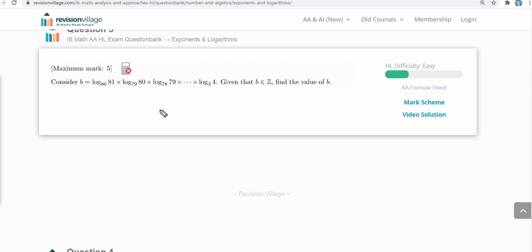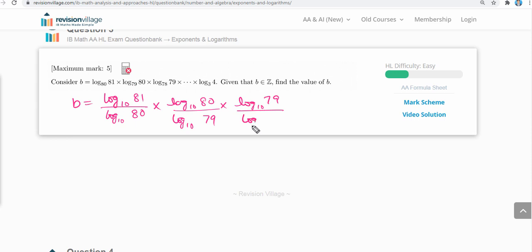Or any base. I think 10 is fine. So my b will be equal to log 10 of this number, that is 81, divided by log 10 of this number, that is 80, times log 10 of this number divided by log 10 of 79 times log 10 of 79 divided by log 10 of 78 up to so on.